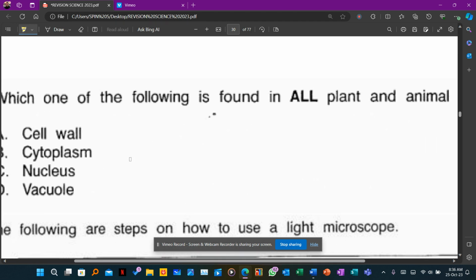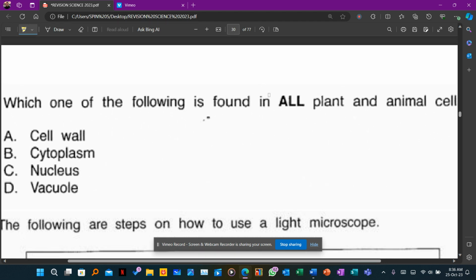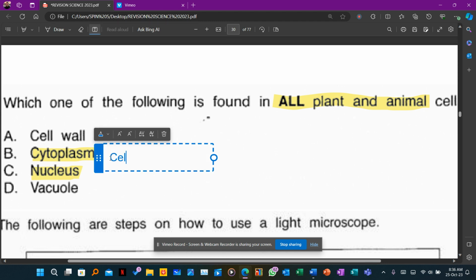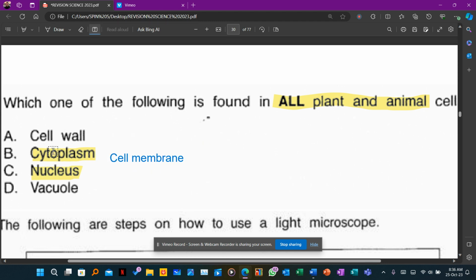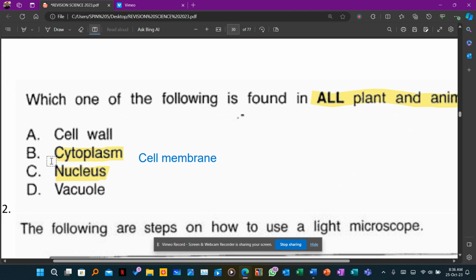Next one, which one is found in all plant and animal cells? Now there are three things that you can find in all cells in general, which is you can find cytoplasm, you can find nucleus, and the other one is cell membrane. Now, looking at these two choices, usually students are confused. They thought, oh, maybe it's just a mistake in the exam paper.